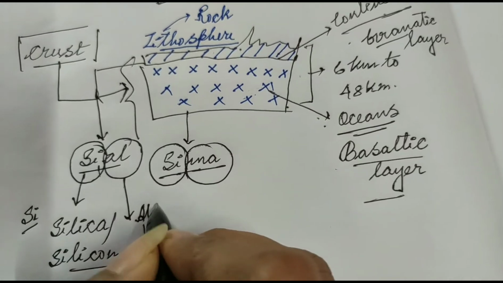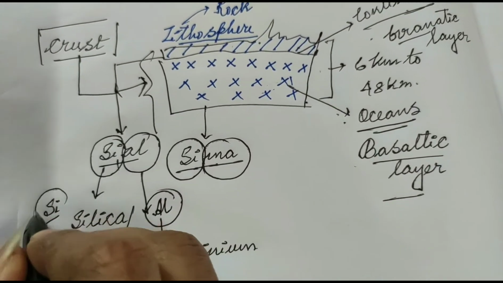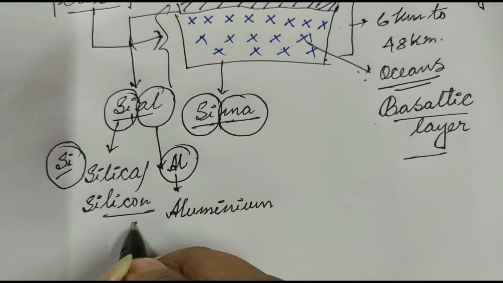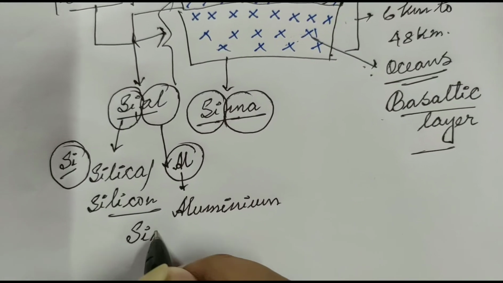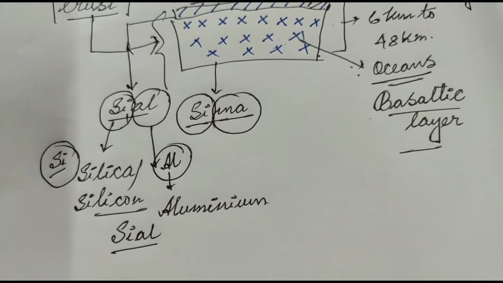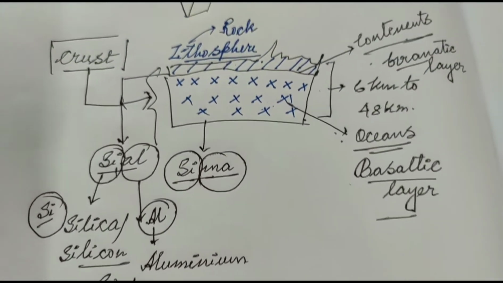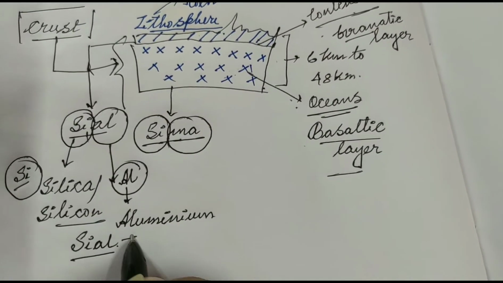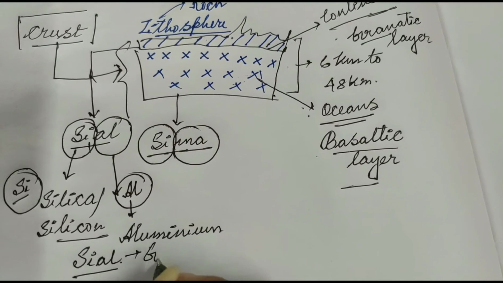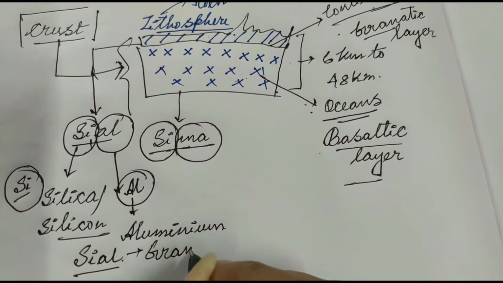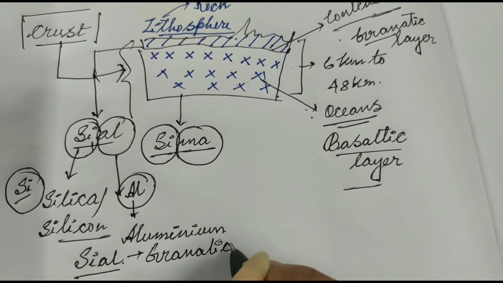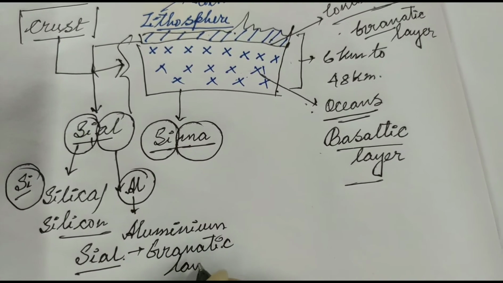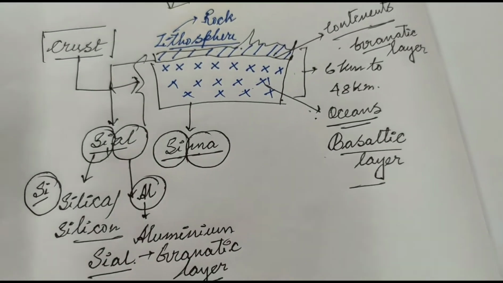With the help of Al and Si we make Sial, and that is the granitic rock. It is made up of granitic rock, so it is the granitic layer.